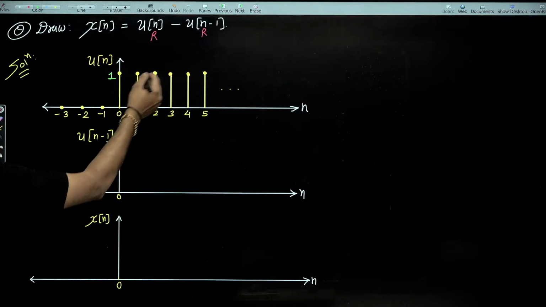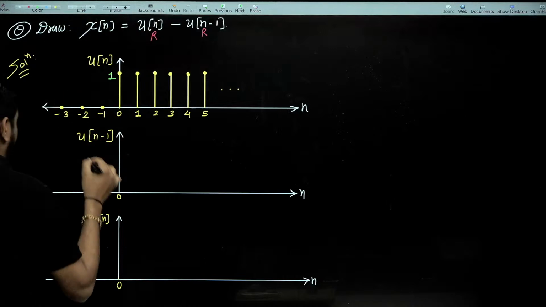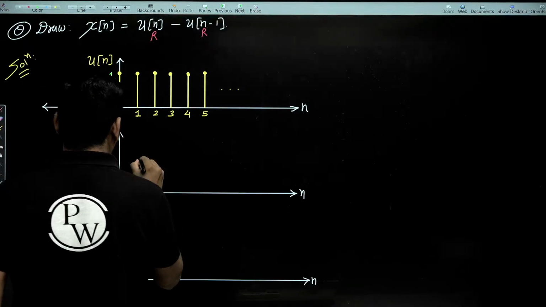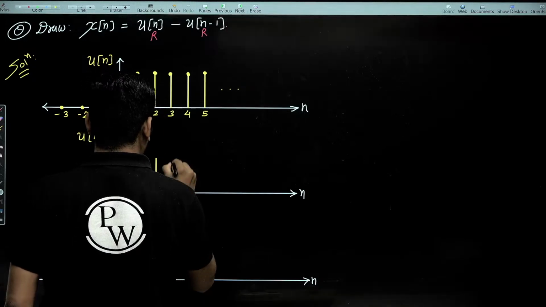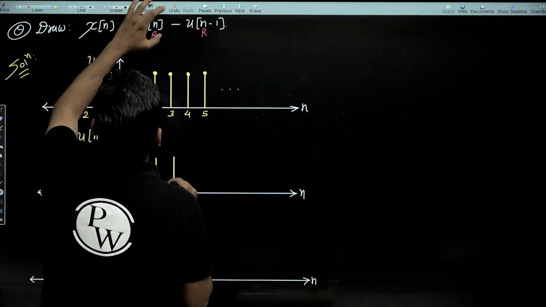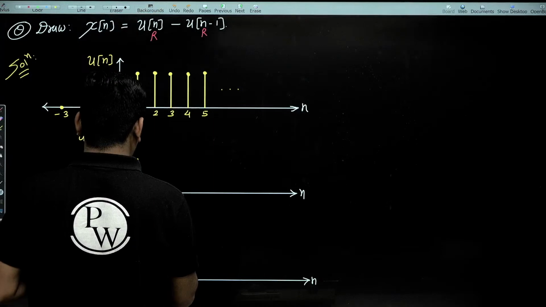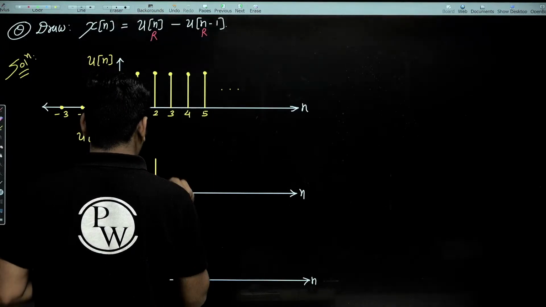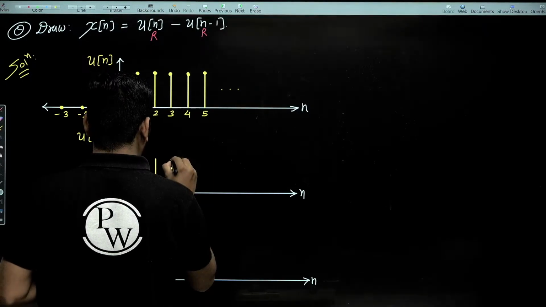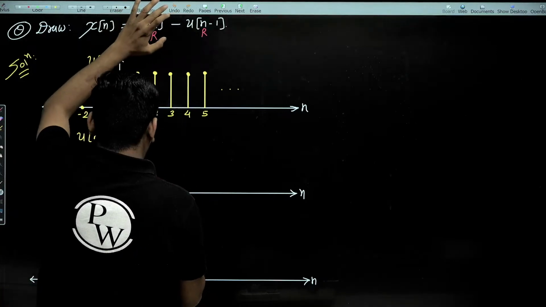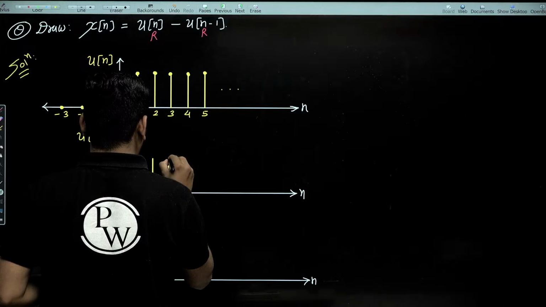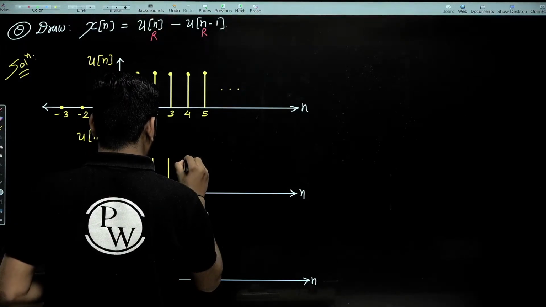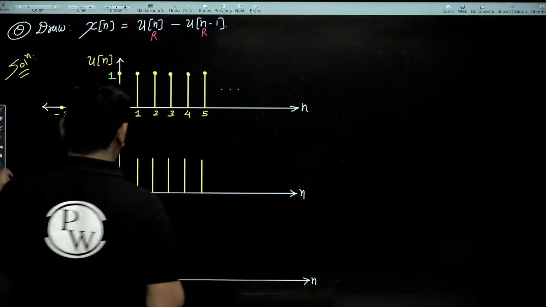This is u of n. Now this is u of n minus 1. Starting from n equal to 1, n equal to 1, guys. Amplitude again 1, equal to 2, equal to 3. Okay.